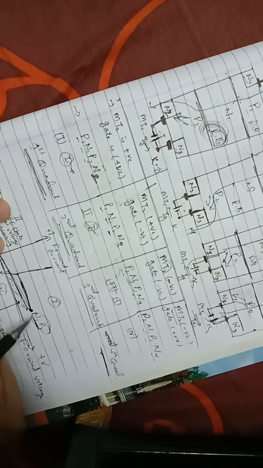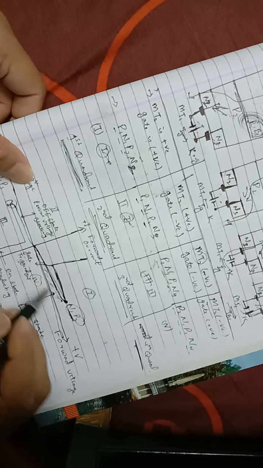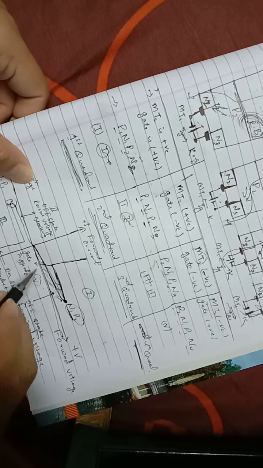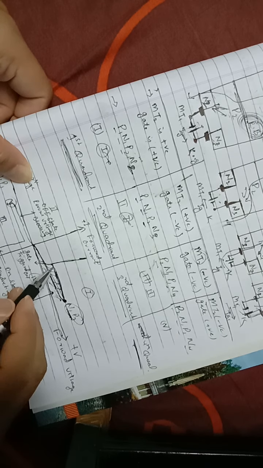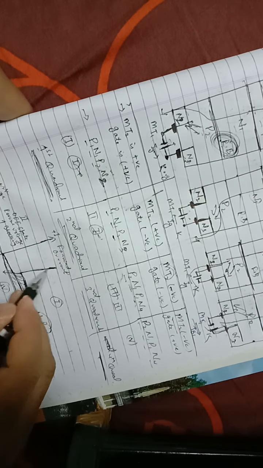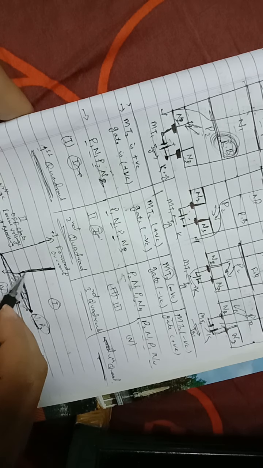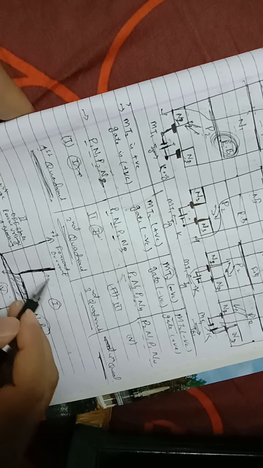Okay, so now we will give what? Gate signal. We will start giving gate signal here, and at this point it will be on state. Your TRIAC will become conducting, start conducting. So this is your on state.